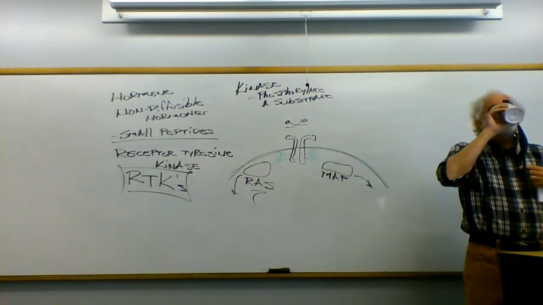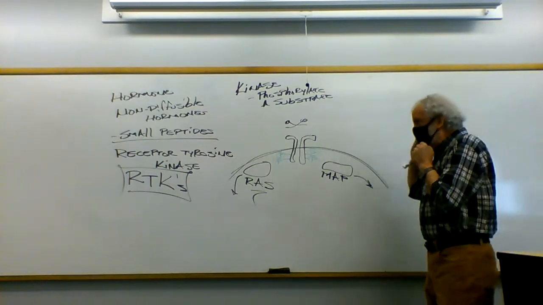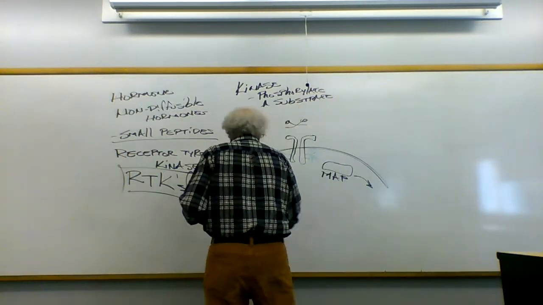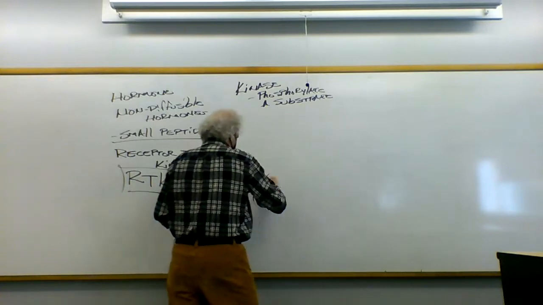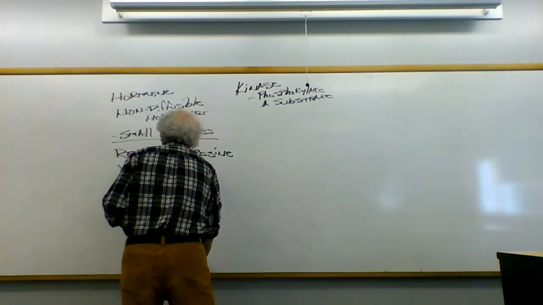Now, as we continue on with peptide hormones, we're going to bifurcate, or this is kind of at the top here, I guess. And then we have another class of peptide hormone response systems.